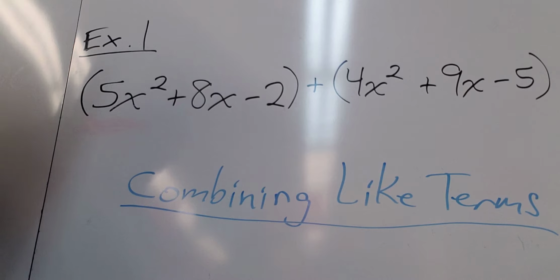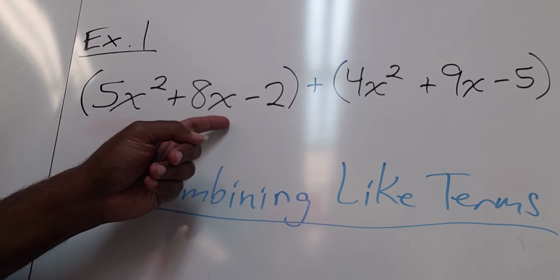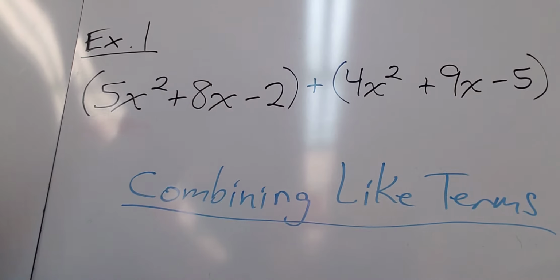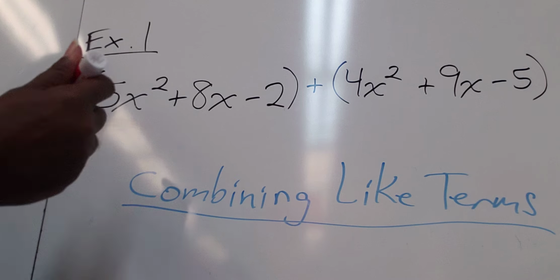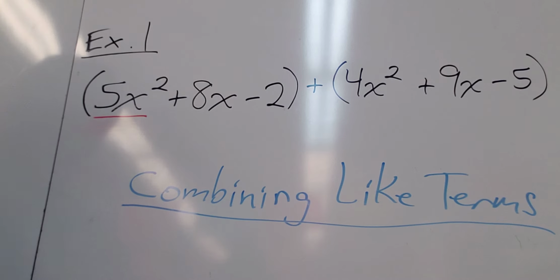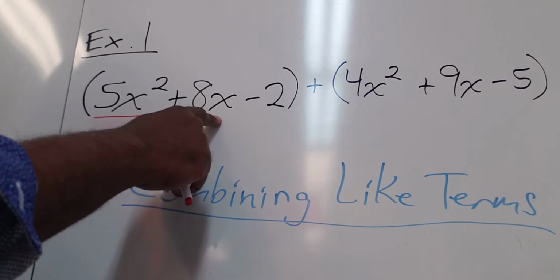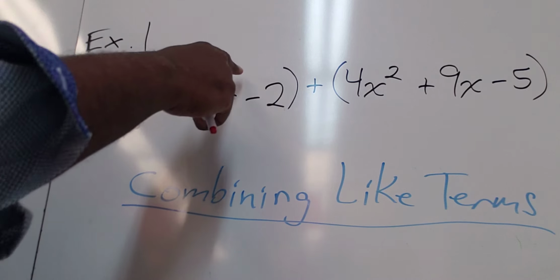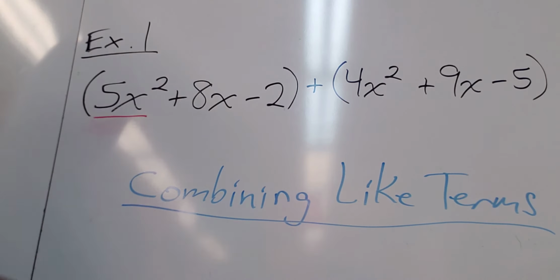As you filled in your answer on Edpuzzle, let's remind ourselves like terms have the same variable with the exact same exponent. So in this case, this term here, 5x squared, its term is x squared. This term, 8x, has an x, but it doesn't have an x squared. Its exponent is just 1. So therefore, they don't have the same exponent.